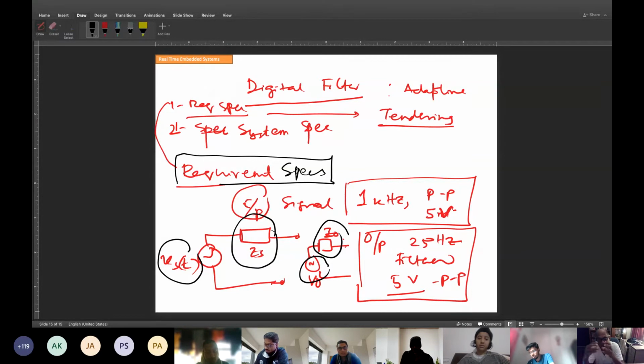So this impedance matching or the maximum power transfer theorem is used in communication or signal transmission, not in power transmission. There are two things: one is signal and one is power. What I'm talking about is signals. So therefore, the source impedance is important.